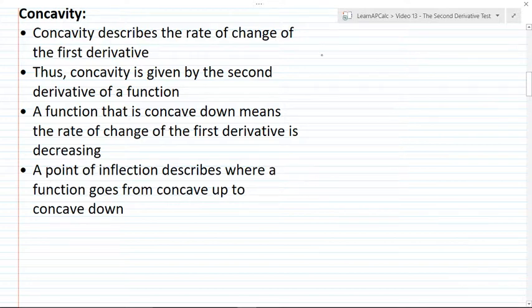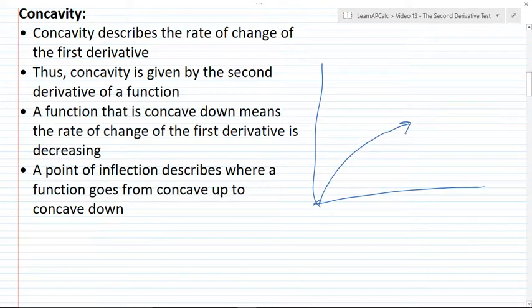So if we look at a function like y equals square root of x, which I've just shown here, our concavity is saying is the slope of our tangent line increasing at an increasing rate or decreasing rate?